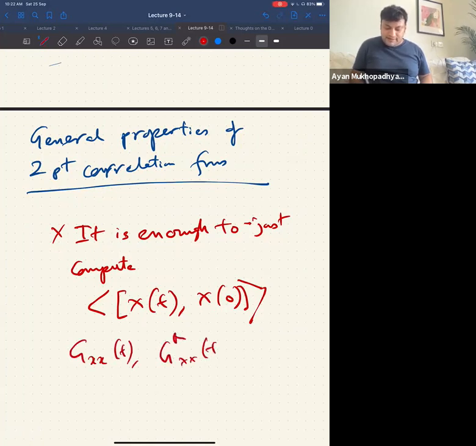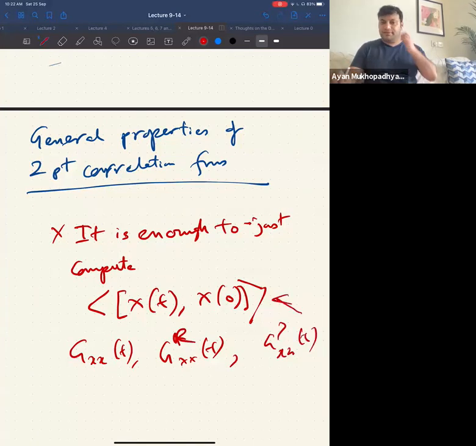Well, the retarded propagator is kind of obvious because you simply multiply this by minus i times theta of t, right? But the Feynman propagator is not obvious, how from this computation you can get the Feynman propagator, right? And G greater of x, x, t, all propagators can be obtained just from this. That's a remarkable statement, right? If you just compute this, that's all that you require, and all that you need.